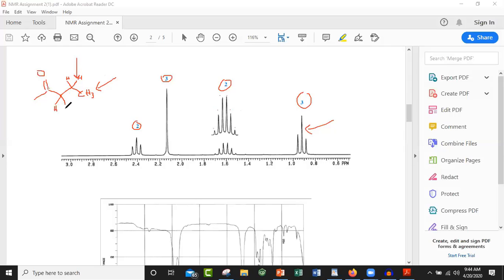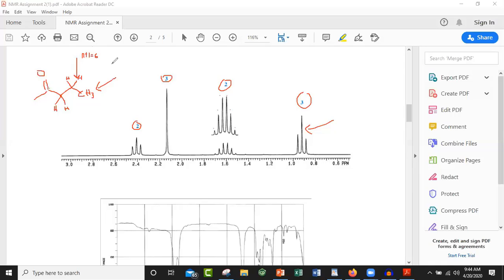That means you have a total of 5 neighbors, and n plus 1 should be 6, or a sextet. And we do see that. All right. Any questions about that one?